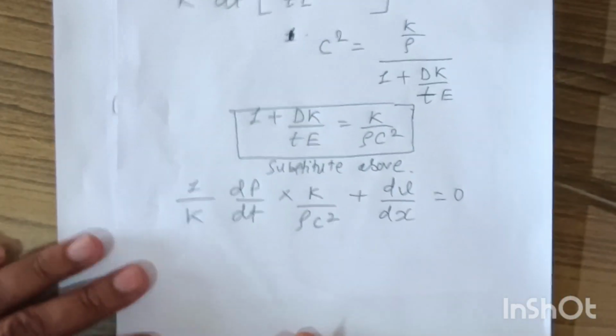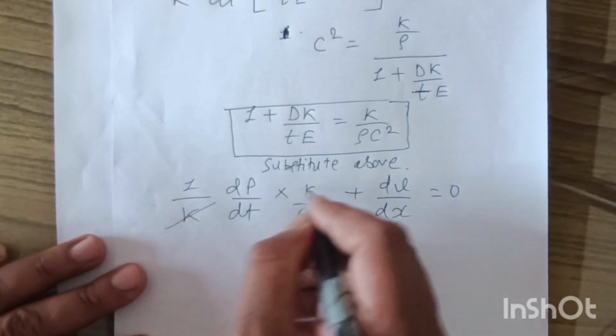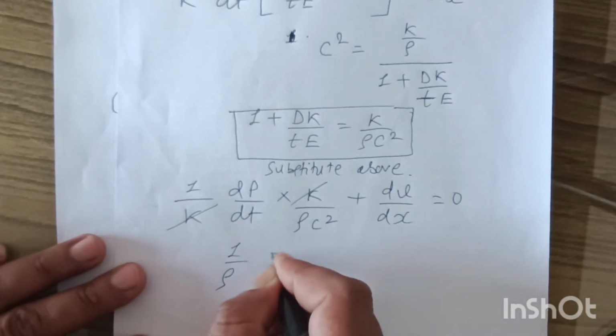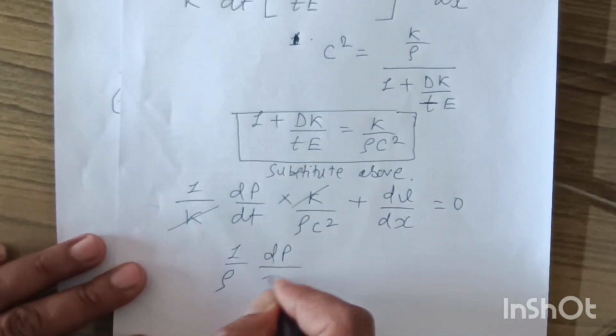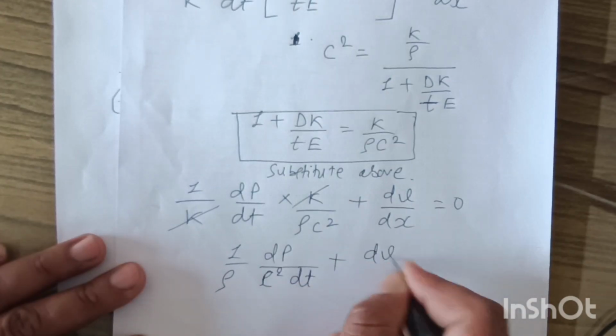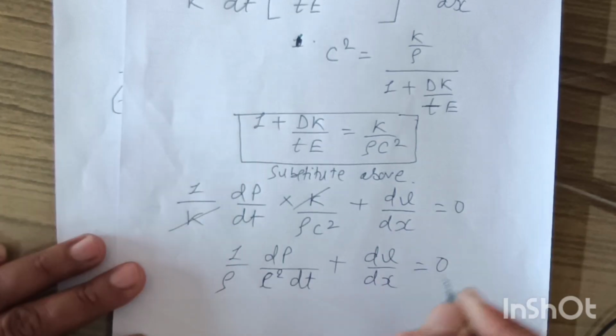Now this k cancels out, giving dp by rho c square dt plus dv by dx is equal to 0.